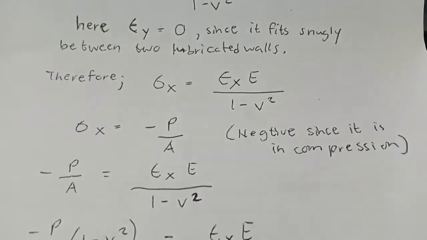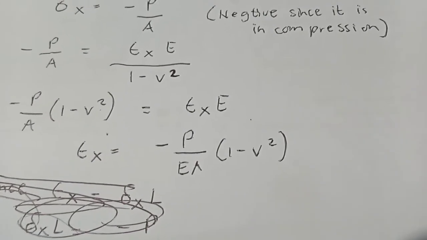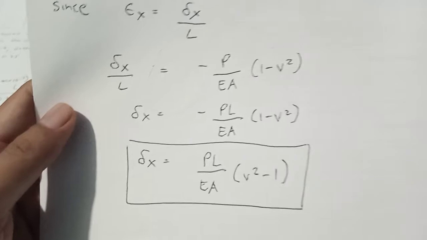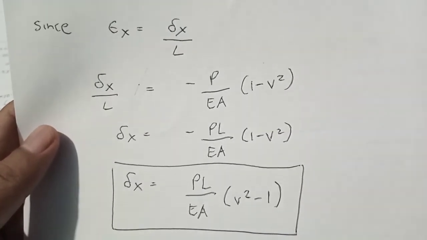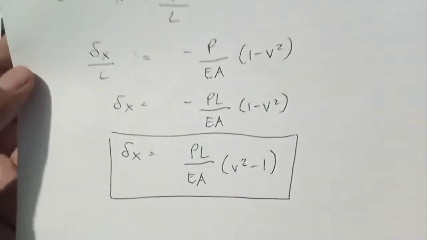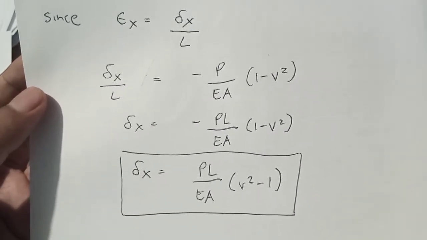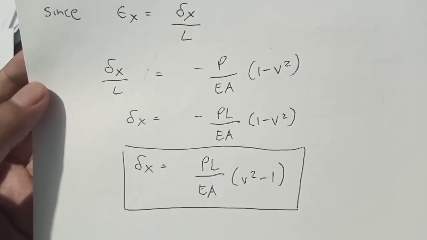We're not done yet. Since we get the value of epsilon x, we put it in that equation. Since epsilon x is equal to elongation x over L, elongation x over L is equal to negative P over EA times 1 minus v squared.